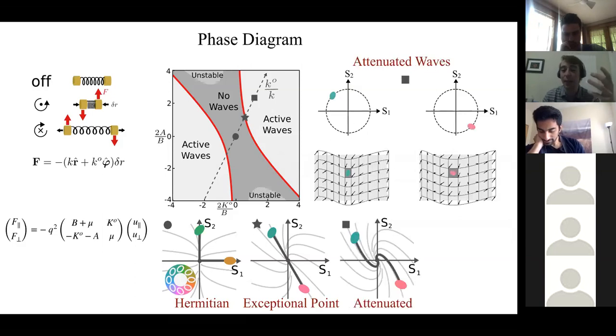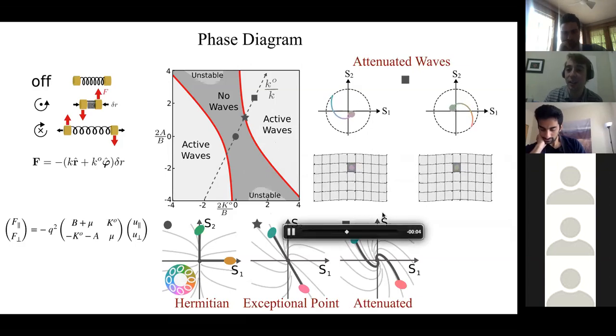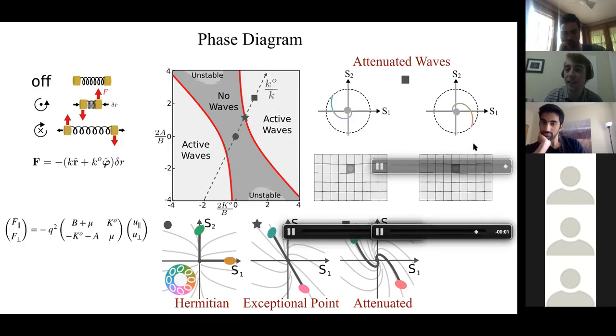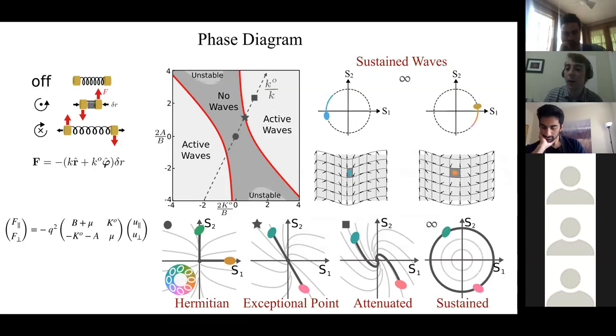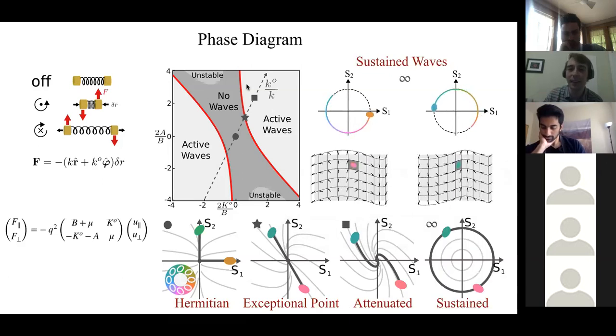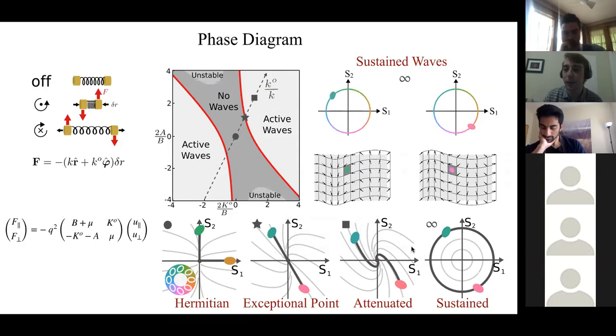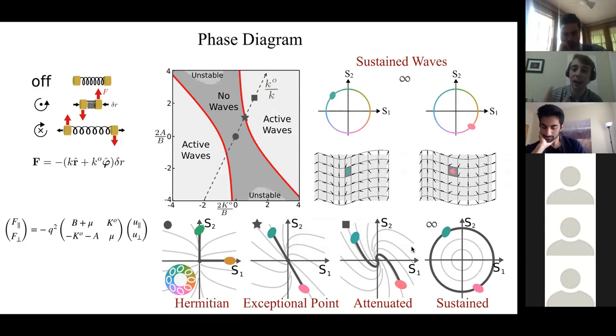And if you go above that exceptional point, you cross between a region which you can call PT unbroken and PT broken. And what you find is that there's a finite oscillation that sets in. So the eigenmode went from being linear to having this circulating character. And if you go all the way to K naught at infinity, these waves become sustained because the energy injection offsets the losses from the substrate drag.